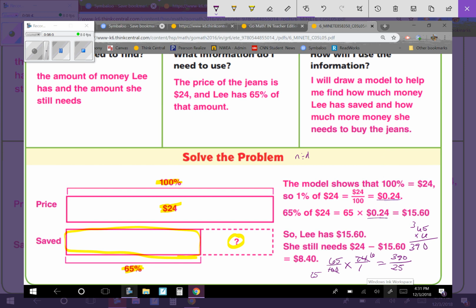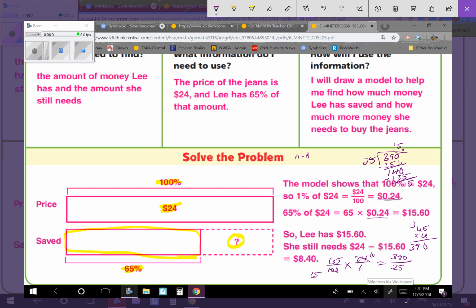Pen's not working. One minus 25. 4. There we go. 1. Bring down 0. 25 goes into 140 5 times, which is 125. 140 minus 125 gives me 15.